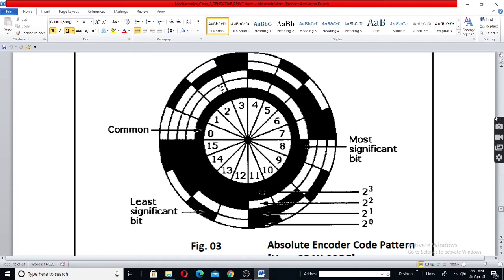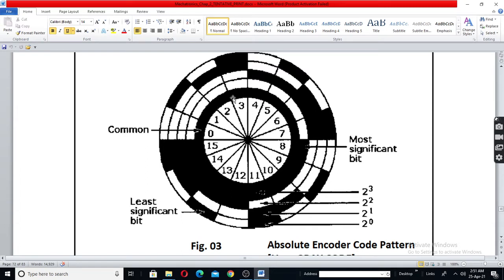So 0, 1, half rotation, 0, 1. And the inner one will give only 1 pulse, 0, 1.